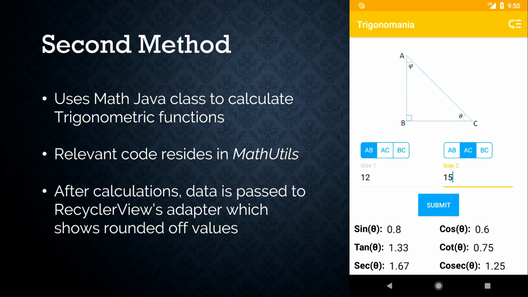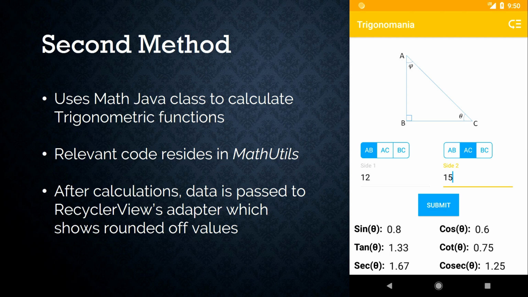In the second method, I'm using two sides as input, and it again uses the Pythagoras theorem as well as the Math class of Java to calculate the trigonometric functions. Again the code is in the same file, the MathUtils class, and the output is visible there.